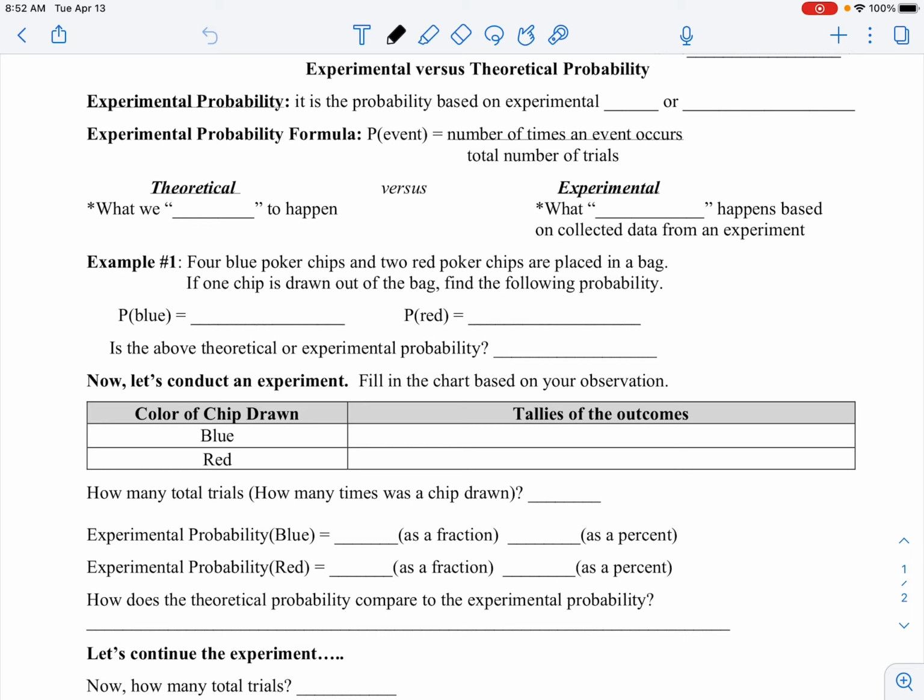So what is experimental probability? So remember, theoretical probability was what we expect to happen, what we think will happen by running the numbers. Experimental probability is the probability based on experimental data or observations.